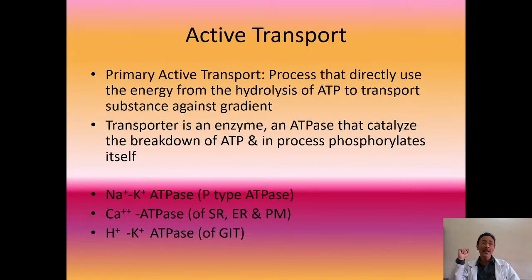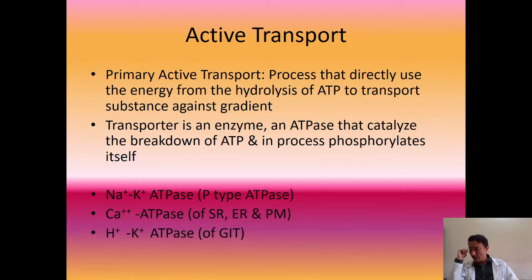Then we have the calcium ATPase mechanism. This calcium ATPase mechanism is a vacuolar type which is present within the cell membrane, and it facilitates the movement of calcium ions across the gradient, across the membrane. Then we have another example, hydrogen potassium ATPase.